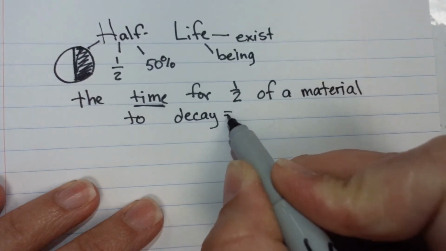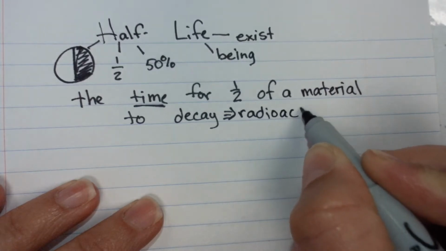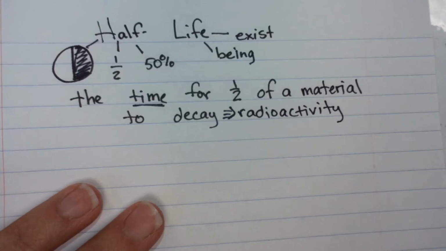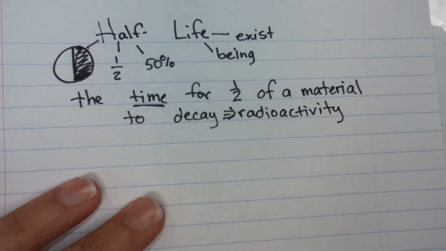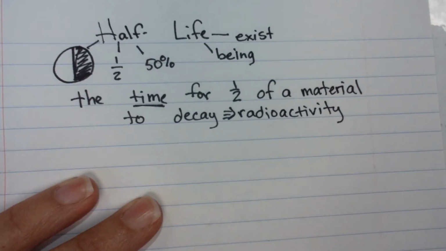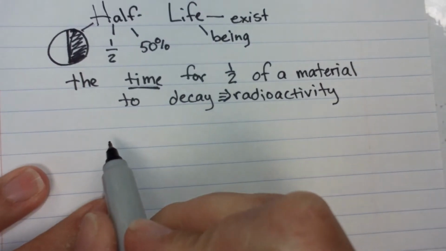And we want to remember that we're talking about radioactivity here. So on the flip side of that, you have half of what you started with left. So we might write that down to be very, very clear.